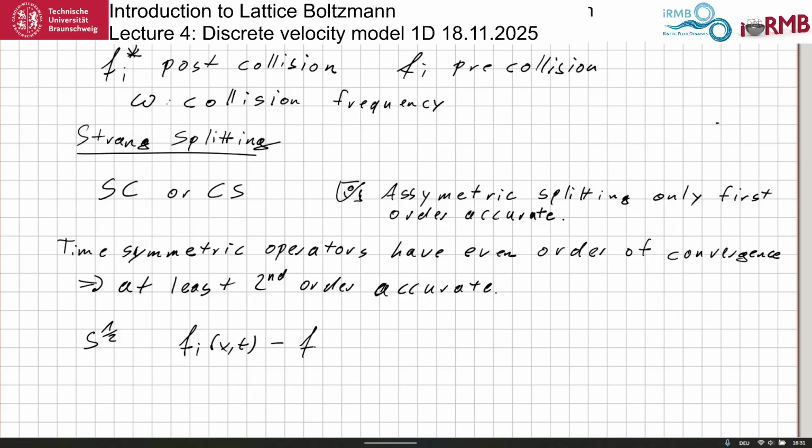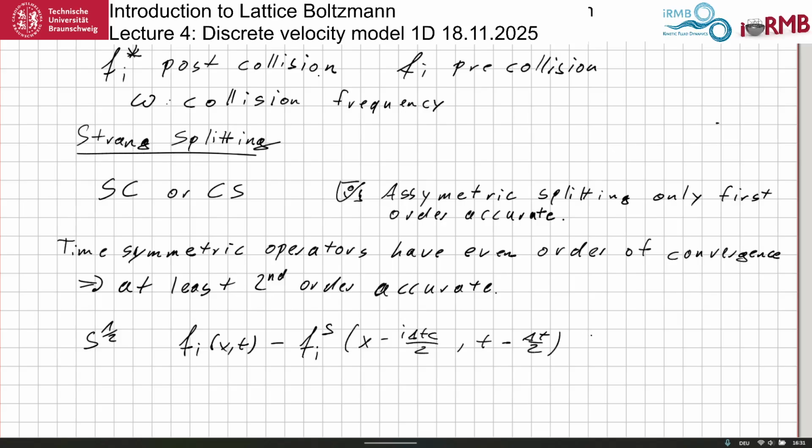So I have a post-splitting or post-streaming thing that I call f_i^S, and all what I do is I move the population not by one grid spacing. Okay, forget the c. But by half a grid spacing, and I do this for half a time step.